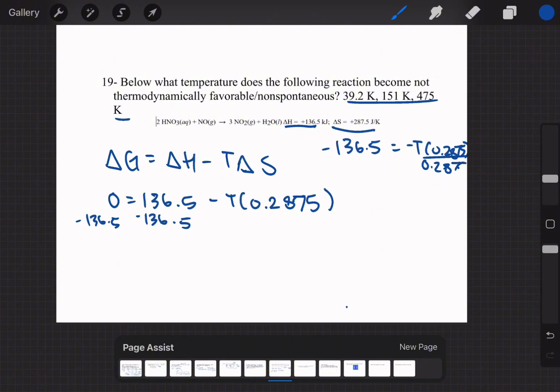We're going to divide 0.2875 off of both sides, which then leaves us with 474.78 over 1. You're then going to plug in T on the other side, and then from there, all you're going to do is look for which one matches the closest, and obviously T is going to be 475.